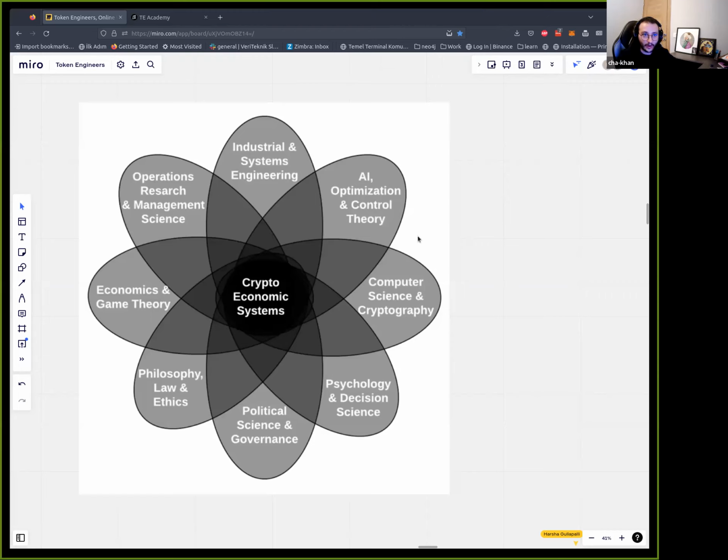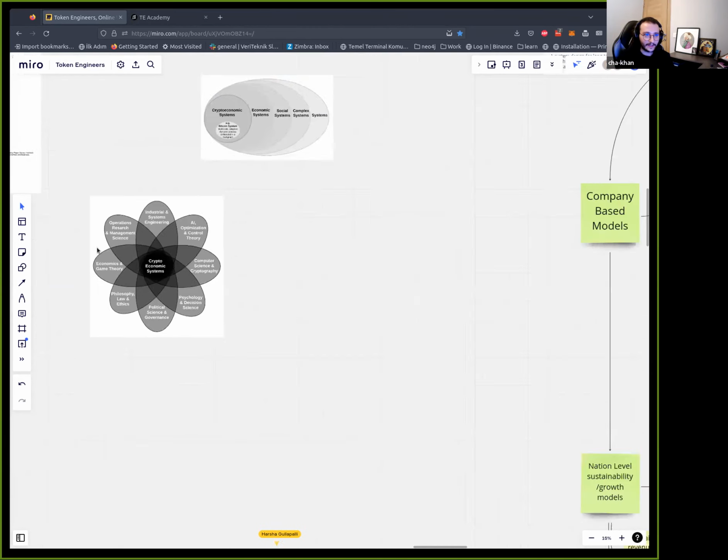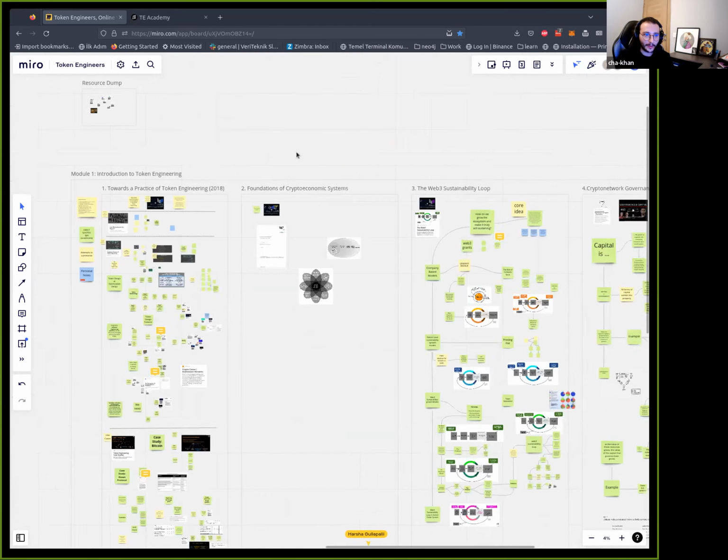And where some of the AI and optimization and control theory, some systems and ideas from electrical engineering come in, is that the design of these systems is kind of similar to the design of AI systems, where you are building through objectives and through constraints. And also this stuff comes in, but it's difficult to kind of explain.